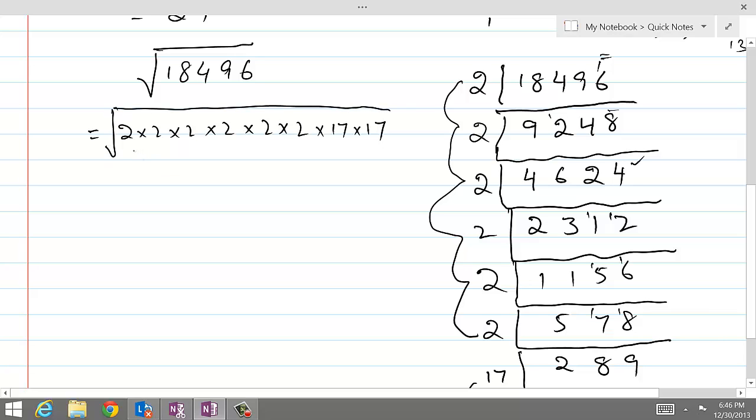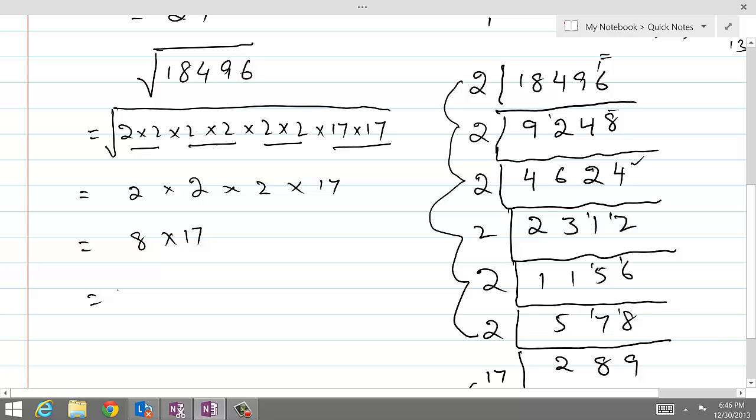Let's make the pairs. So it's one pair, second pair, third pair, and this pair. Out of every pair you can take one common factor out. So out of this pair 2 will come out, from this pair 2 will come out, from this pair 2 will come out, from this pair 2 will come out. So 2 times 2 is 4, 4 times 2 is 8, 8 times 17.